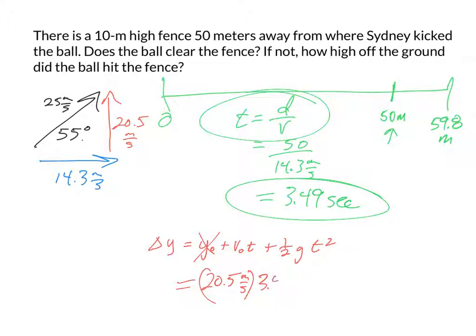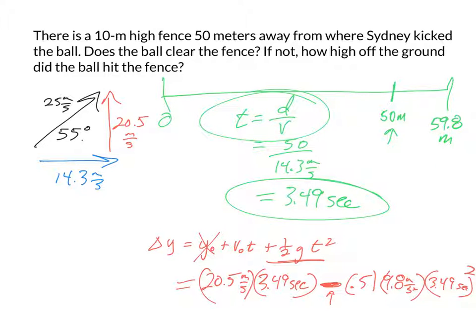Time was 3.49 seconds. Now, I don't know if you remember this from earlier, but this whole thing is going to be negative because gravity's negative. So 0.5, I took the negative from my gravity right there, and I threw it right here. And then 3.49 seconds. Be sure to square that.